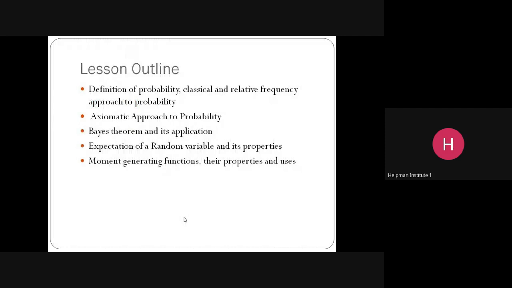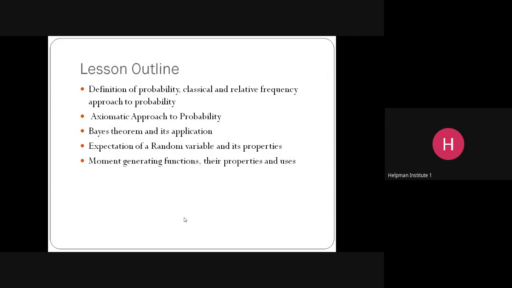Now, the lesson outline for this particular lesson, which we'll be taking from this week to the next week, will include the definition of probability, the classical and relative frequency approach to probability. We will also be looking at the axiomatic approach to probability.